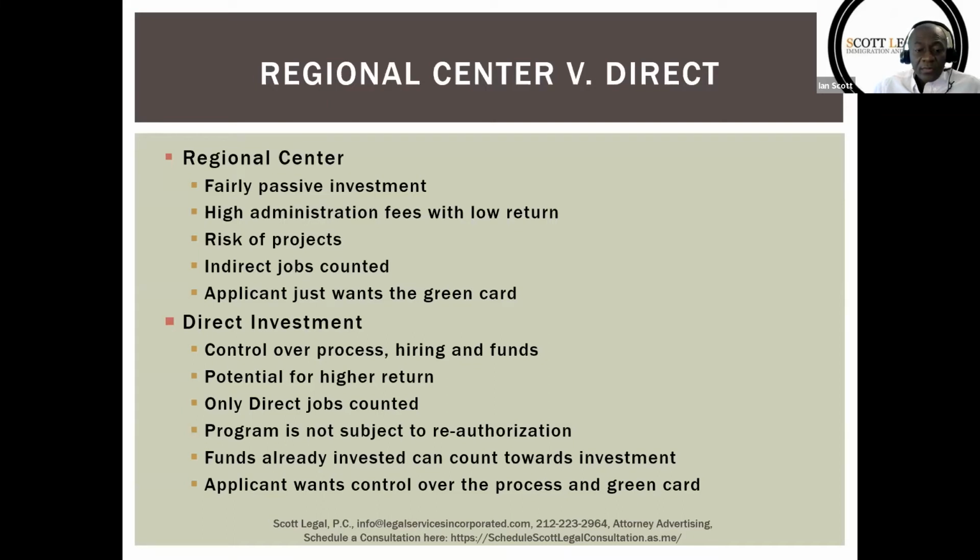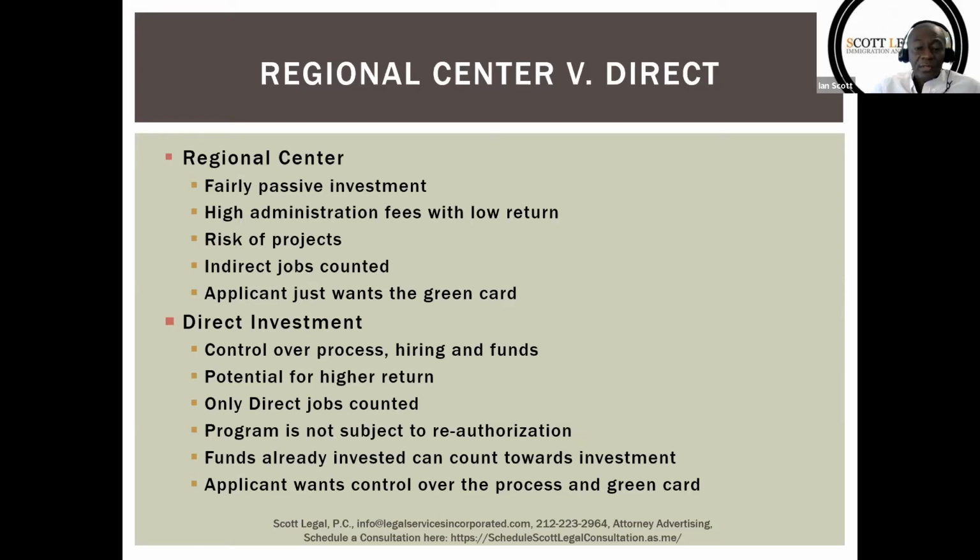The other good thing about this particular program is that it is not, and has not ever been, subject to reauthorization. So even after June, when the regional center program was paused, this program still continued because it wasn't subject to reauthorization.